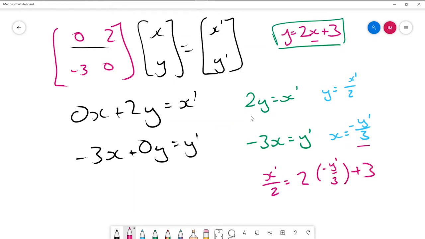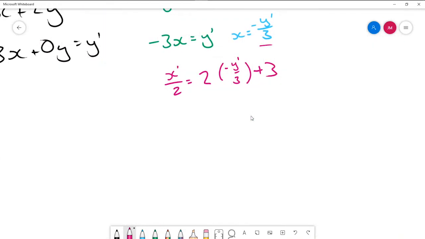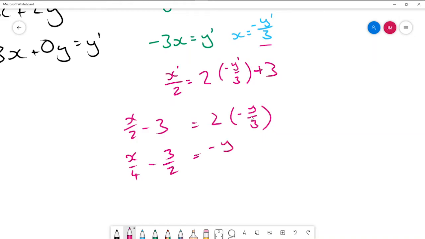And now I've got to get it to look like a standard equation. So let's try and get the y by itself. I'd have x on 2, and I'm losing the image notation here, minus 3 equals 2 times negative y on 3. Then dividing by 2, I'd have x on 4 minus 3 on 2 equals negative y on 3. So then I have to multiply by negative 3.